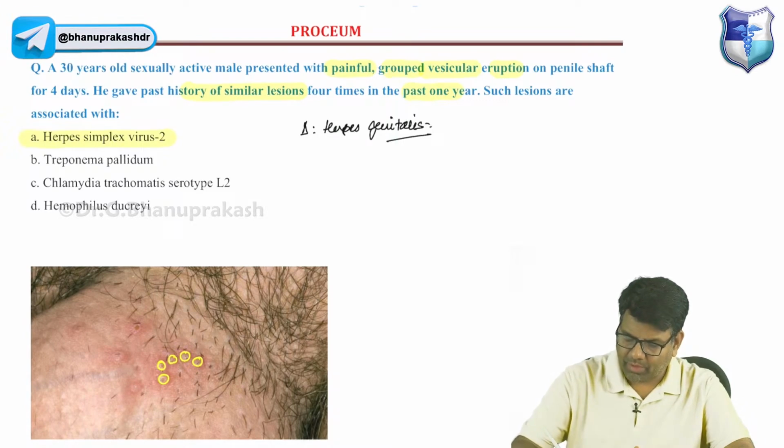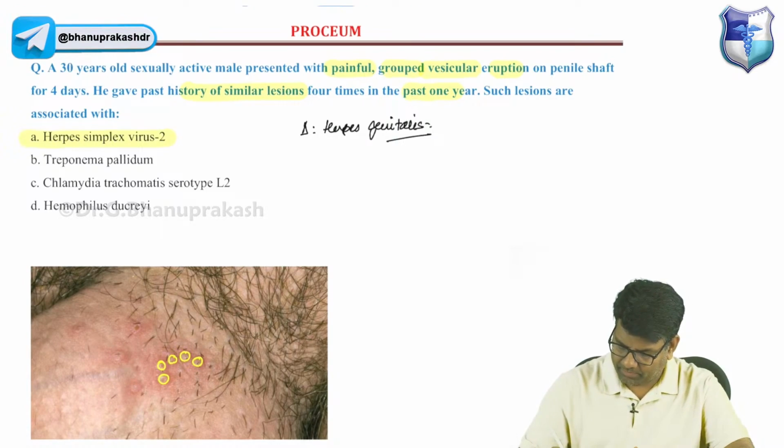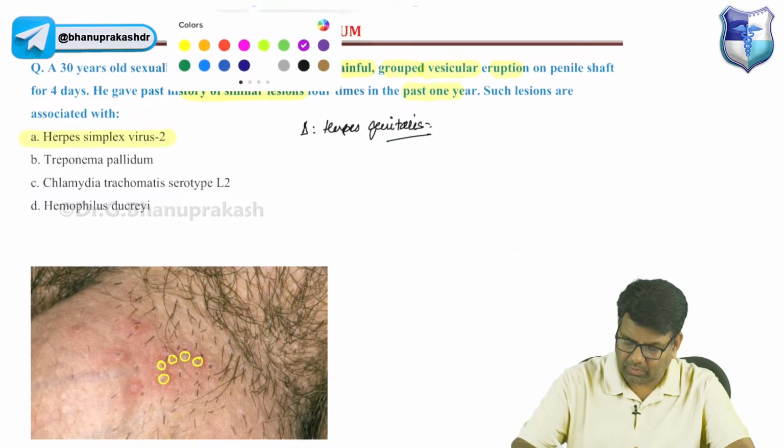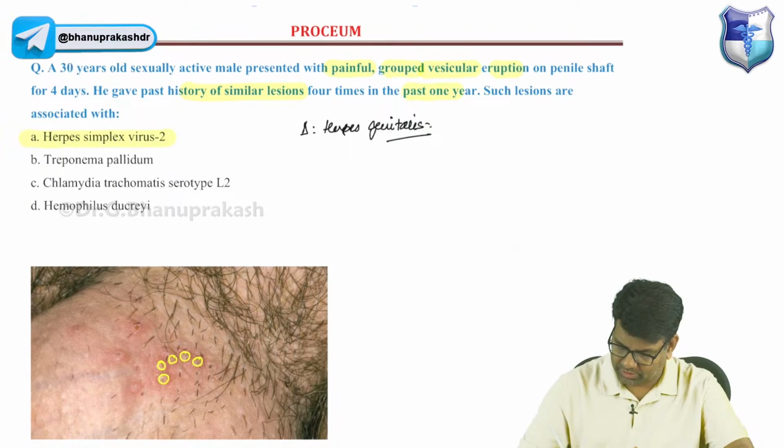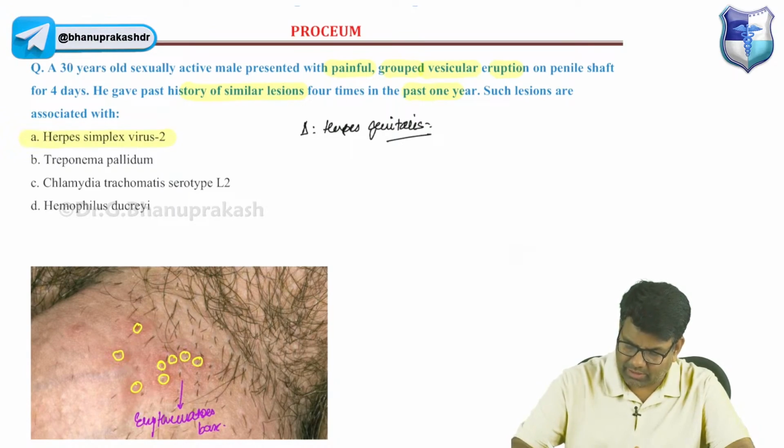They are in a group, and importantly, you can see there is redness around the lesions, so this is known as the erythematous phase. There is redness all around the vesicles, and they are always in a group.